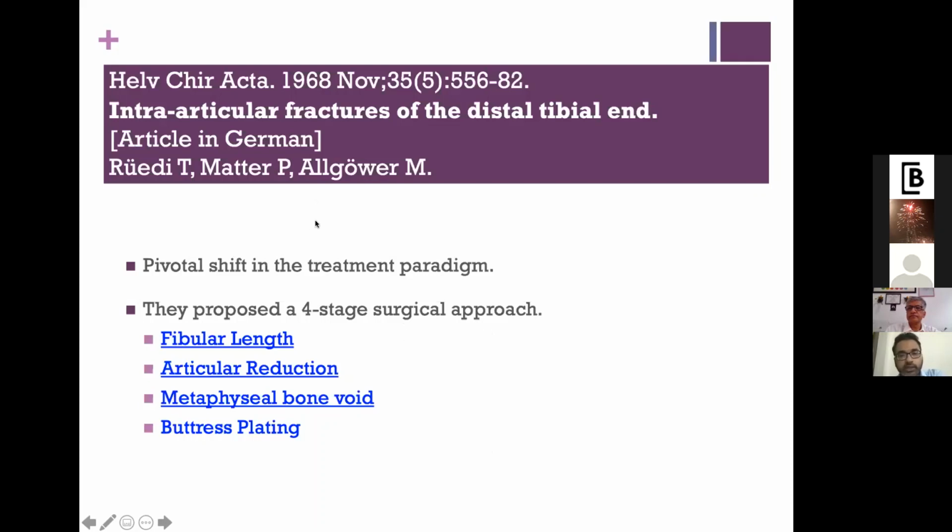In Rüedi and Allgöwer, most of their patients had low velocity injuries without any soft tissue compromise, so they were able to get a very good outcome. But the same could not be reproduced by many others, whose patients mainly had high velocity injuries and compromised soft tissue.